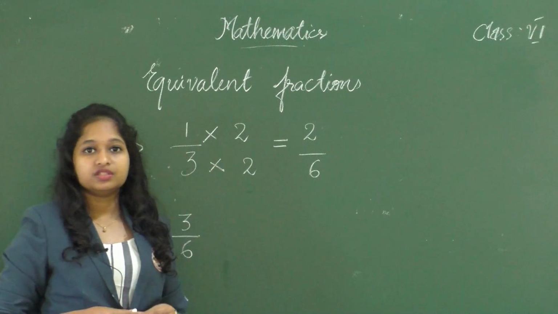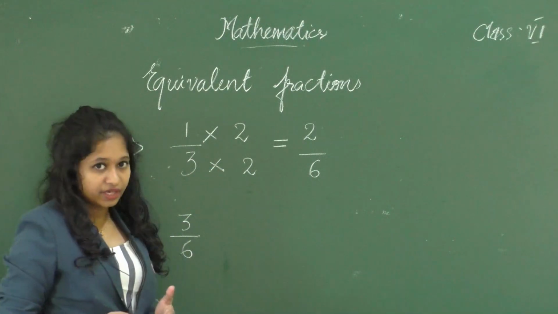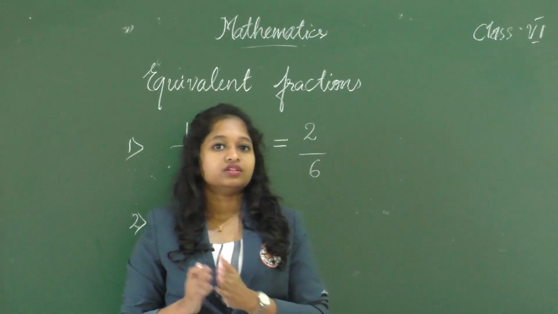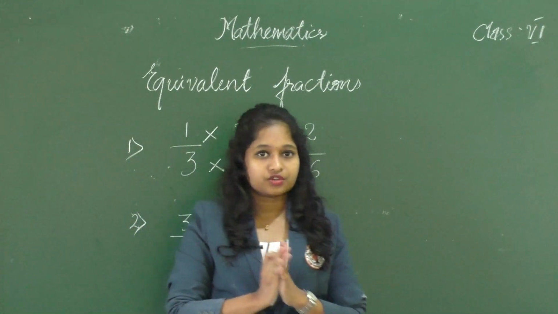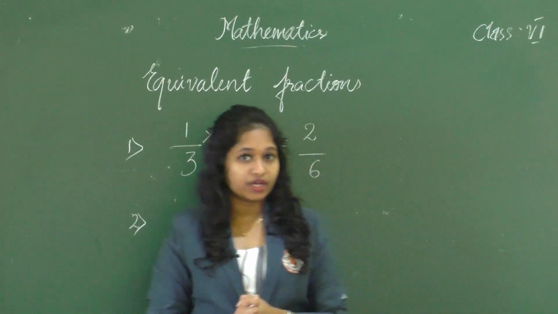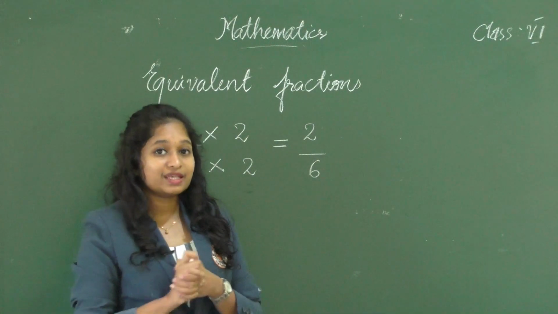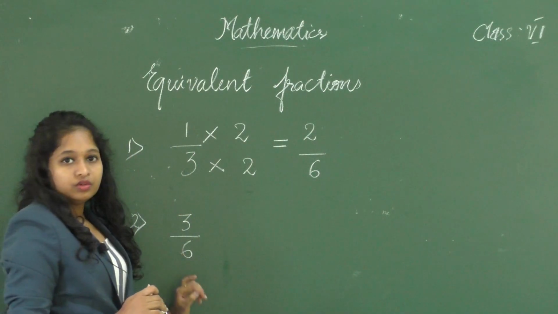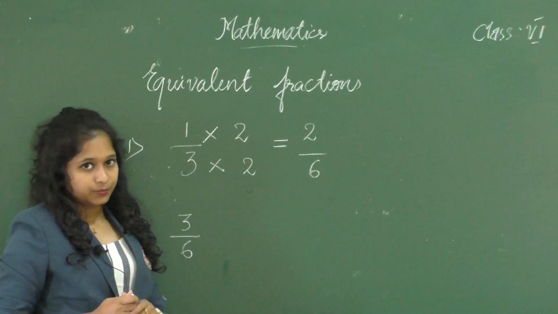The second method is to divide the numerator and denominator by a non-zero number. When you divide, make sure to divide with a number that divides both completely. I have 3 by 6 here.